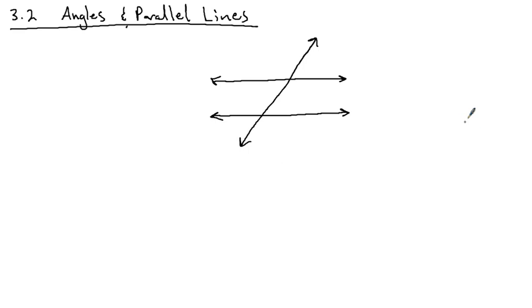All that matters is that the transversal crosses the two lines. So this is going to be line R, line S, and again this is going to be T, the transversal. And we're going to number these angles. So we're going to have 1, 2, 3, 4, 5, 6, 7, 8.